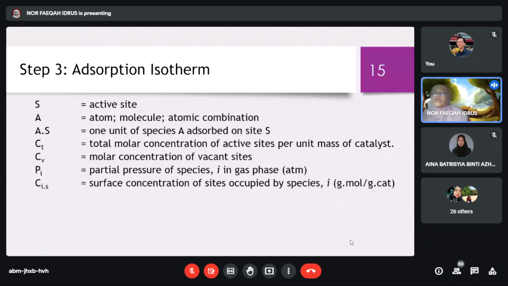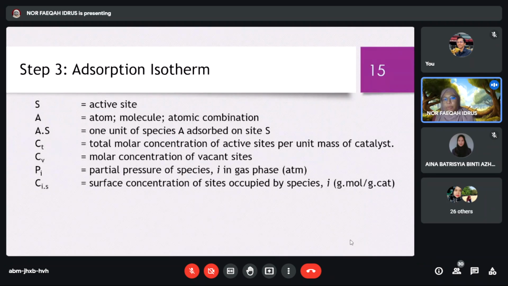Alright, now we look at the definition of adsorption isotherm. The adsorption isotherm is the model that we can use to represent how the adsorption occurs.